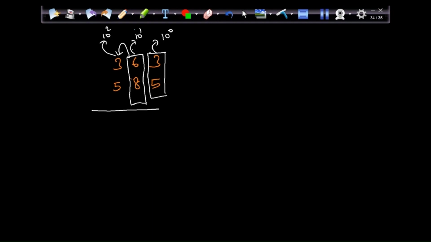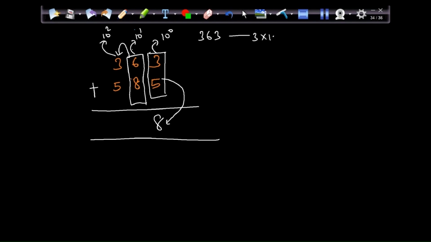So in the result of this addition, just add the numbers at ones place to get the ones place digit of the result, which is 8. Let me expand it. 363 is nothing but 3 into 10 power 2 plus 6 into 10 power 1 plus 3 into 10 power 0.